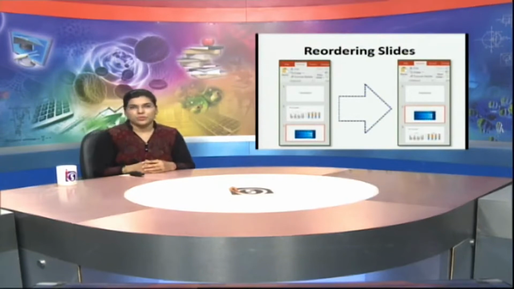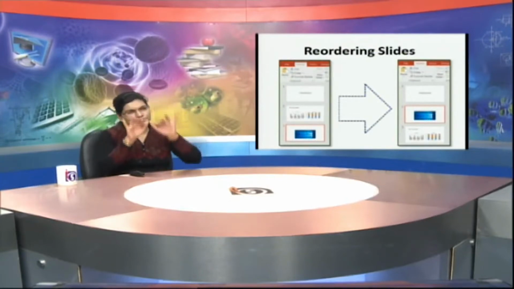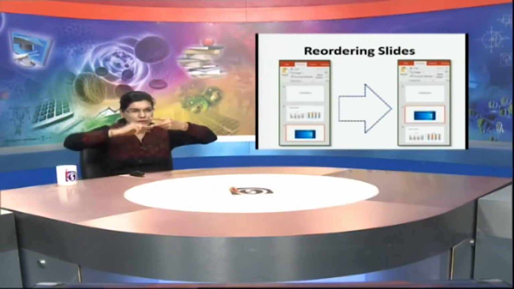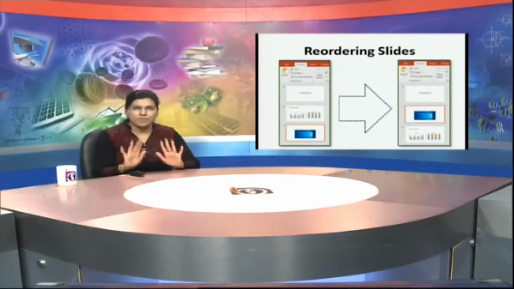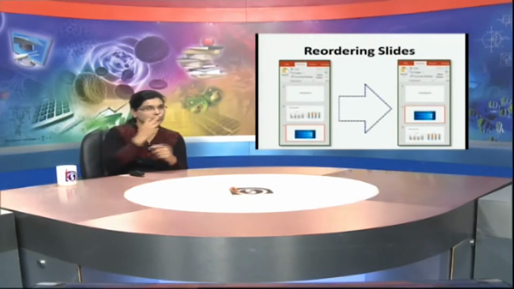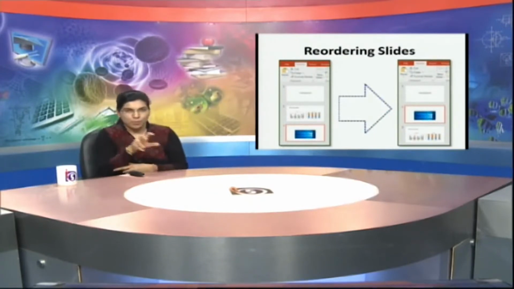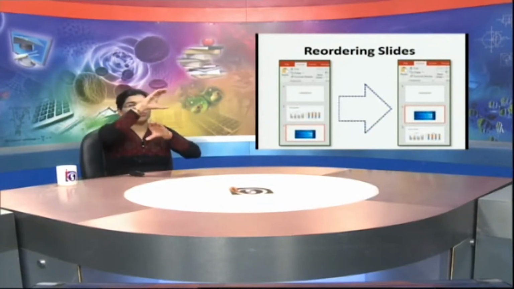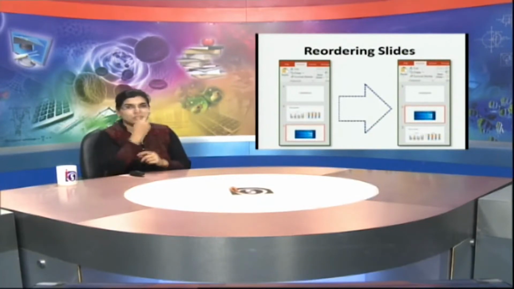Reordering slides. So how do we reorder the slides? If you want to change the order of the slides, hold the mouse and select. As you see in the given presentation, the reorder of the slides was done.